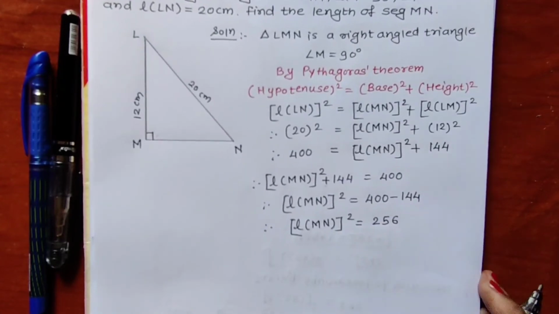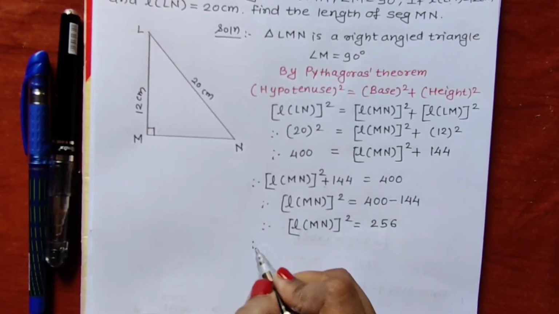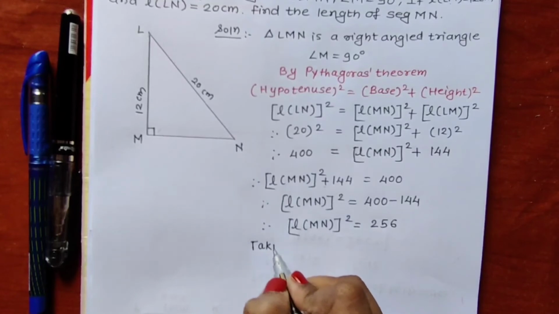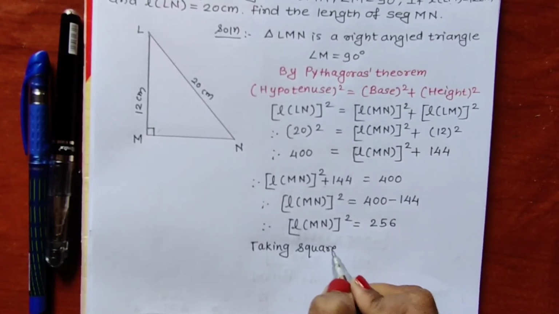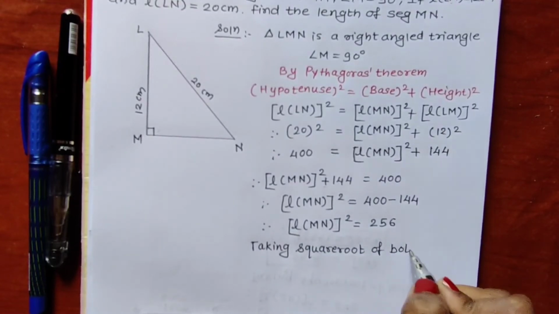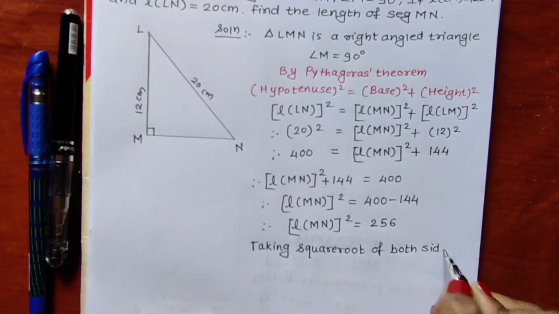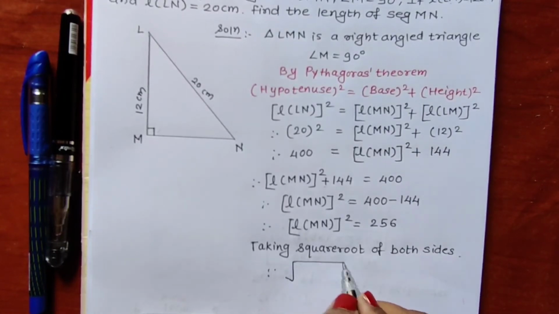Now MN square value we are getting. We should get only MN. For that we have to write taking square root of both the sides. That means we have to put under square root symbol.